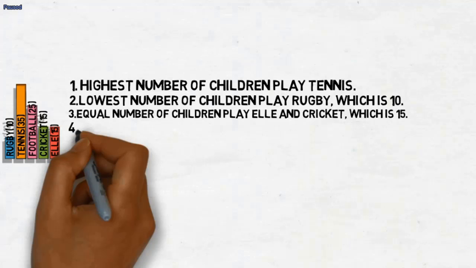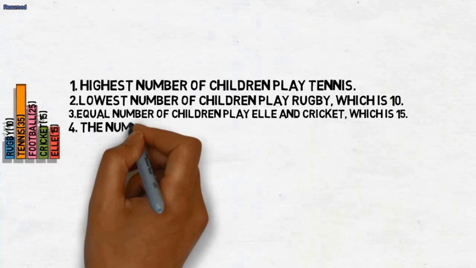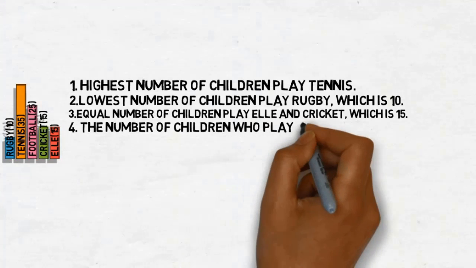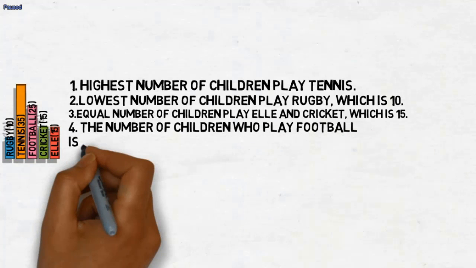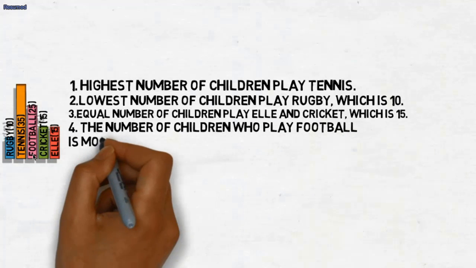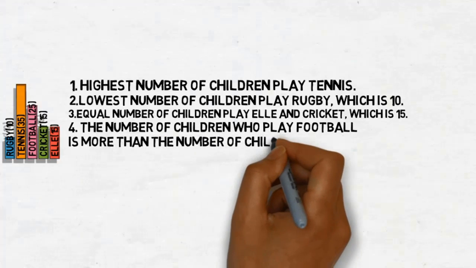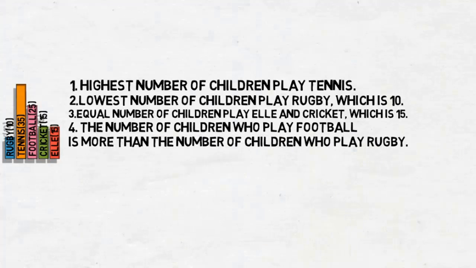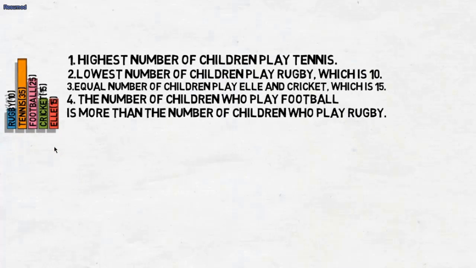Now you have to use lower than, or less than in this case, or you also can use higher than, right? First one, the number of children who play football. I am comparing rugby and football. You can say the number of children who play football is higher than the number of children who play rugby.